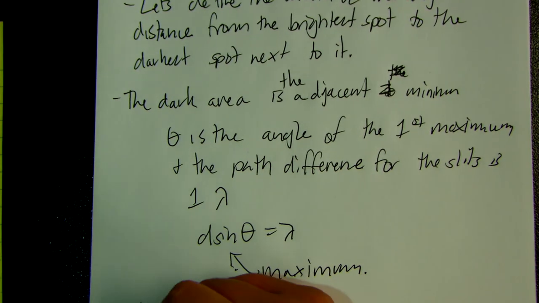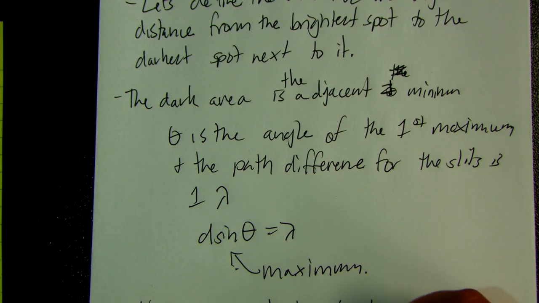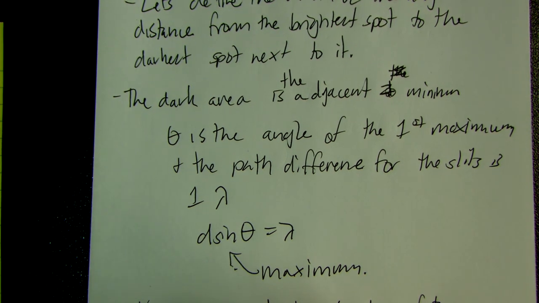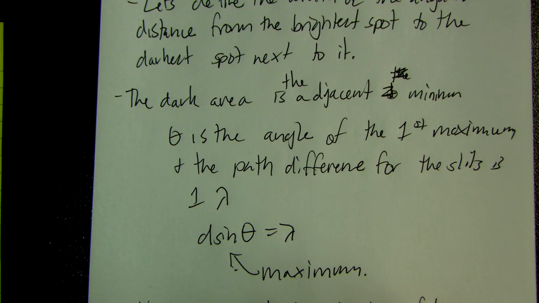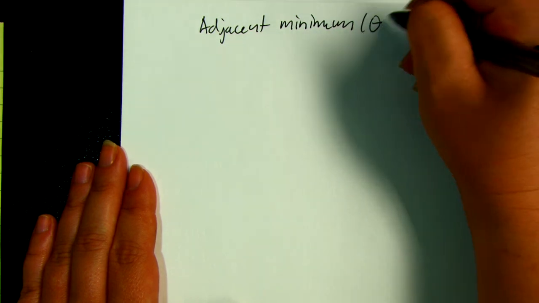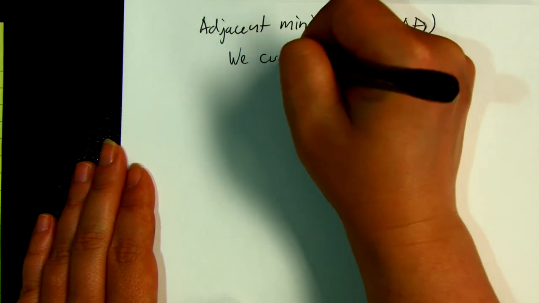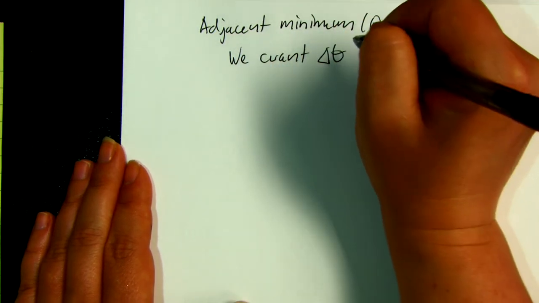Okay, now we want the location of the adjacent minimum. We will call the adjacent minimum theta plus delta theta, and we want delta theta.